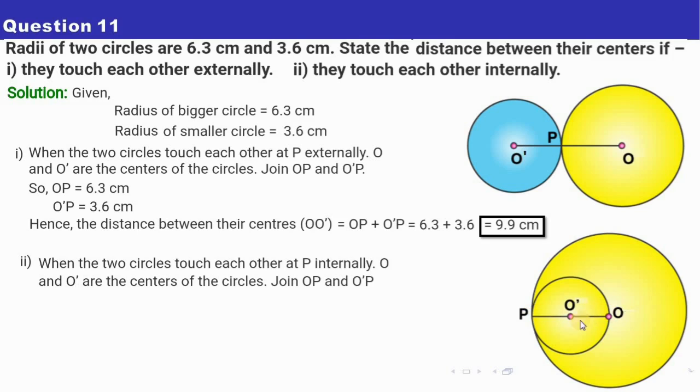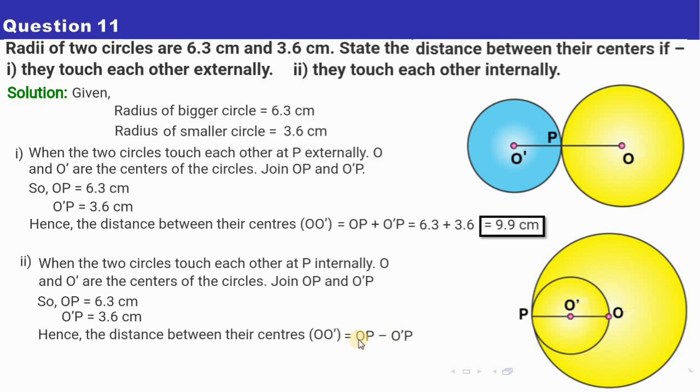OP is the longer length and O dash P is the shorter length. If you remove O dash P from OP, only this part is left, that is O dash O. So O dash O equals OP minus O dash P. Let us put the values. OP is 6.3 and O dash P is 3.6. When you subtract, you'll get 2.7. So you may pause the video to note down.